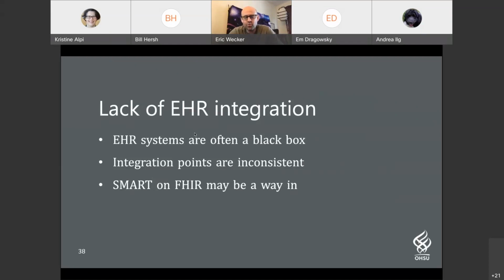There's different rules with different EHRs, and there's not a set of published standards or even anything that the developers can look at. So one way in potentially is SMART on FHIR, which is a standard that allows communication of healthcare data between different systems, and it's standardized, and it does depend on it being implemented in the EHR.